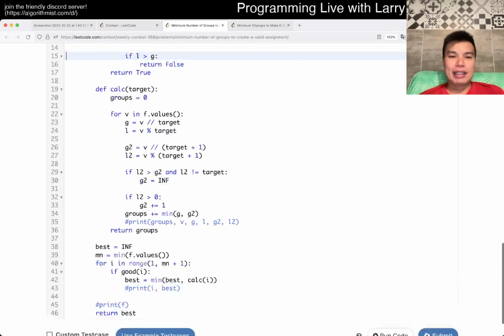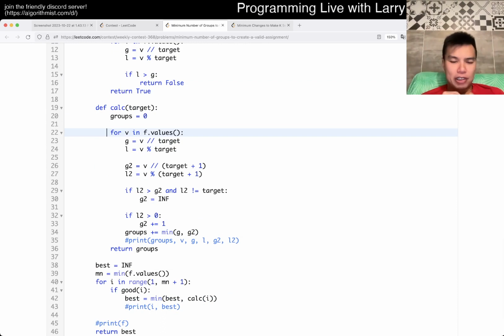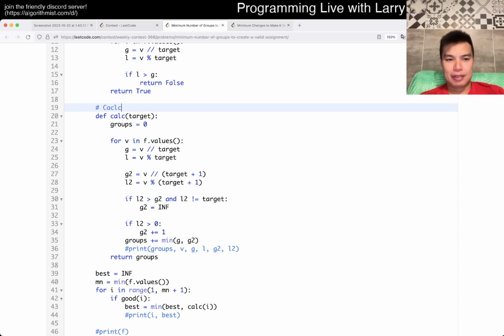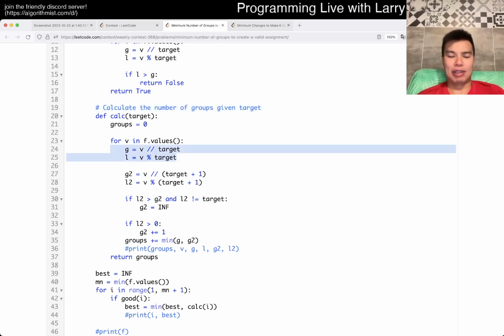And then basically, if it is possible, then we just calculate it. Here it's a little bit tricky. This is basically calculating the number of groups given target. So here I have two ideas. One is this is exactly target, and this is the idea that we talked about.